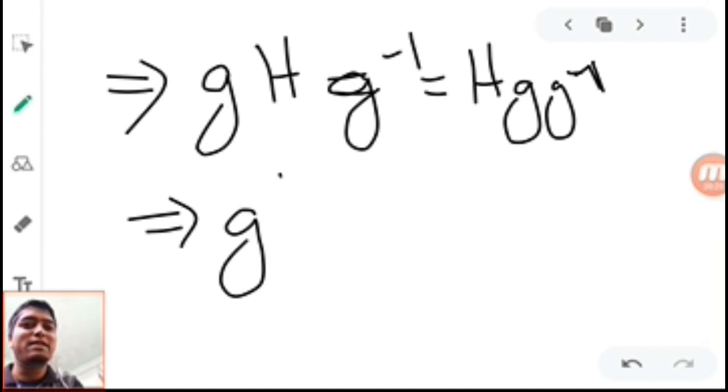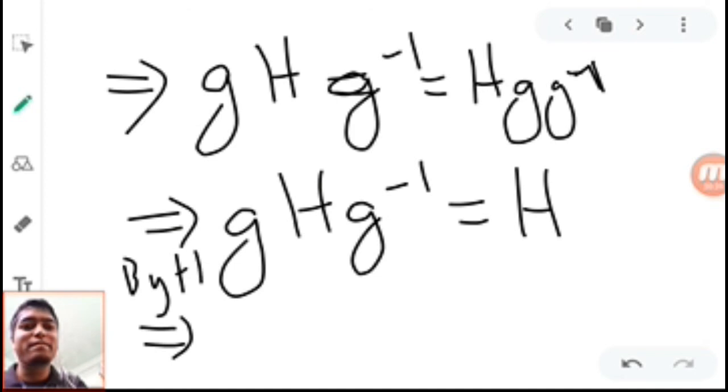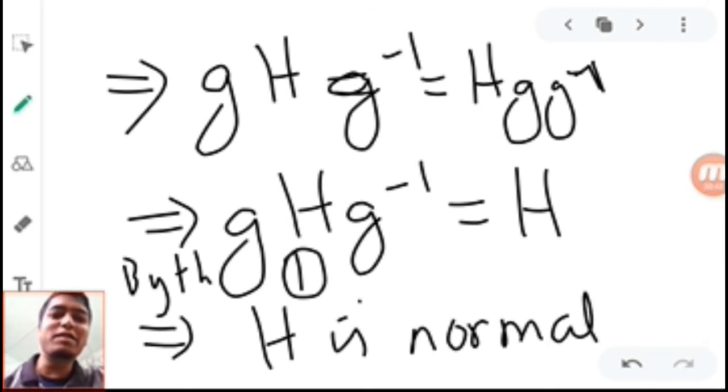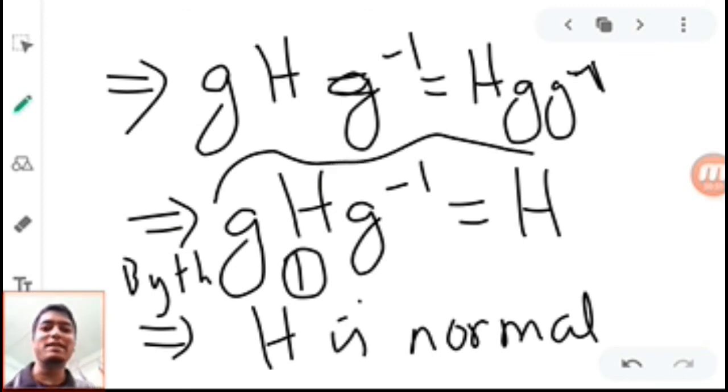So we can say gHg inverse equal H. If gHg inverse is equal to H, by the first theorem, by theorem 1, we can get H is normal. Because theorem 1 says that once gHg inverse is equal to H, we can easily conclude that H is normal. So this completes the direct part of the proof.